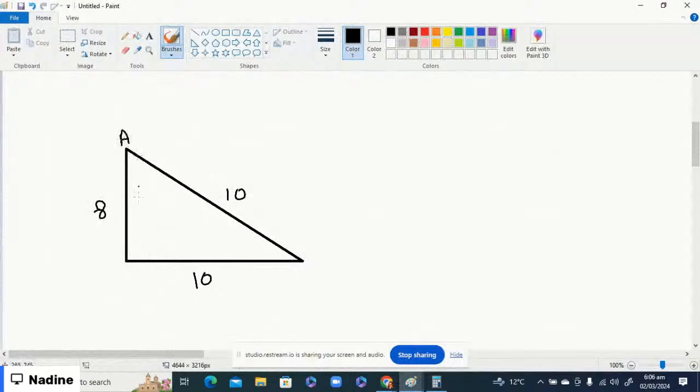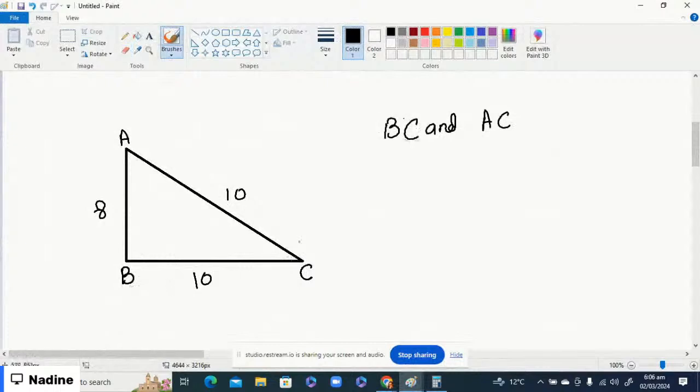This is your A, that is your B, and this is your C. If I say AB and AC, by checking these two, is this triangle congruent? Yes, because, sorry, it's AC and then BC.